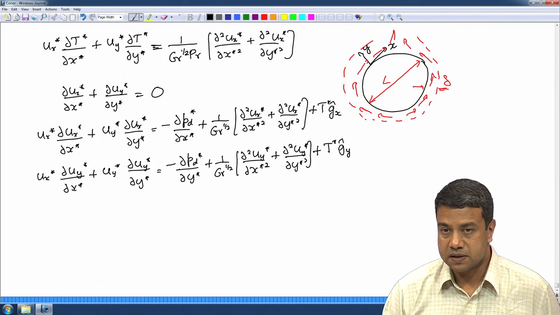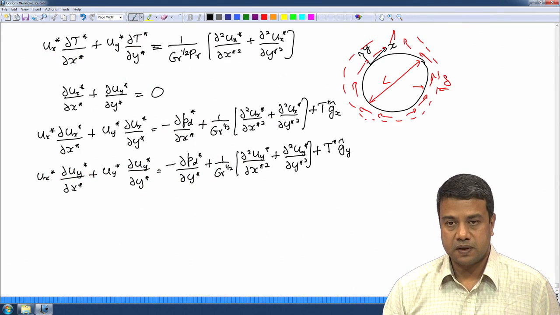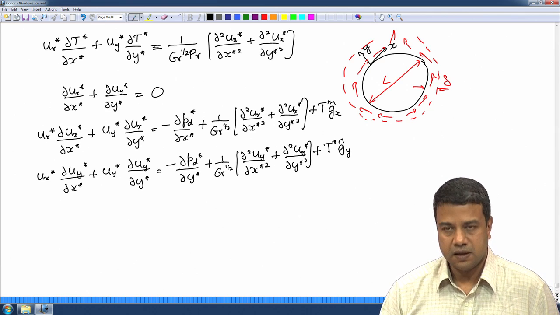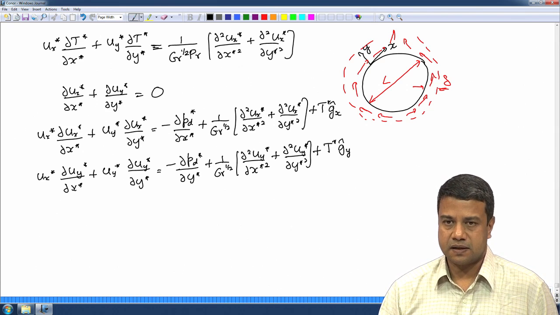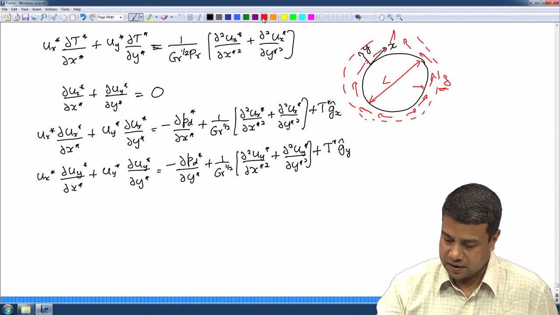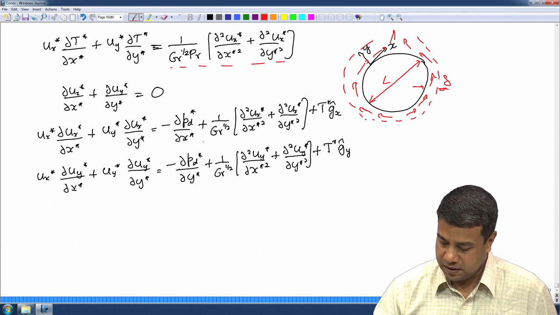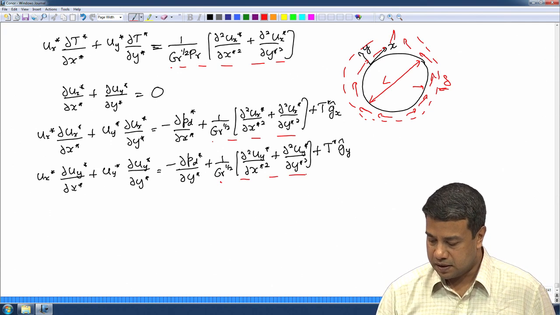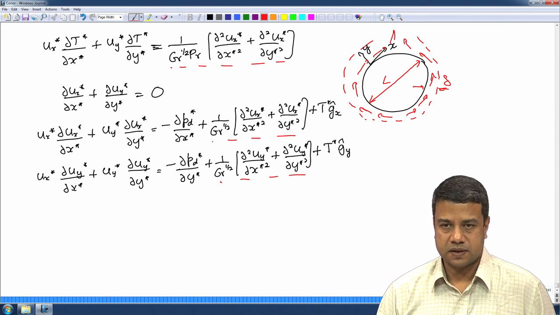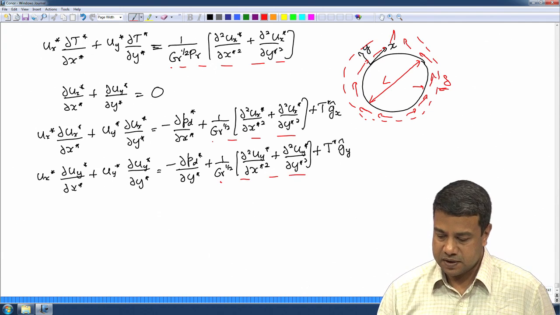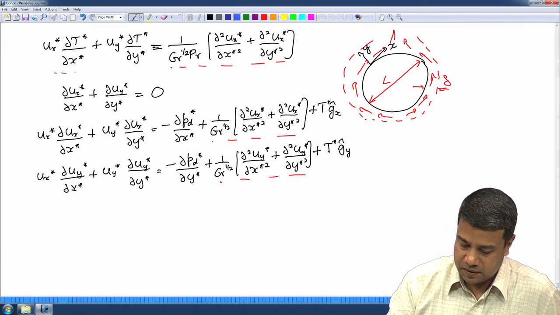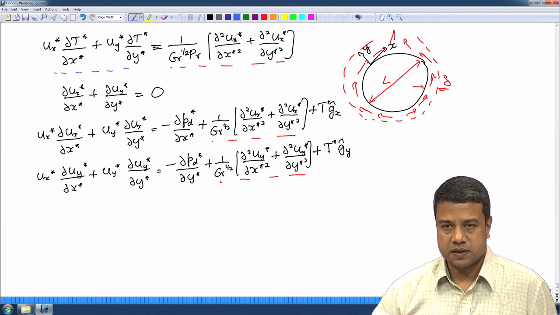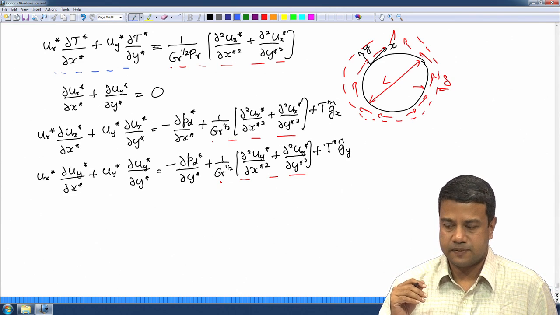Now, for this particular situation, when the Grashof number is high, if you just simplistically neglected the diffusion term in both the temperature and the momentum conservation equations, in the case of the temperature equation, what it would basically tell you is that u dot grad T is equal to 0, which means that the temperature is a constant along the velocity streamlines.